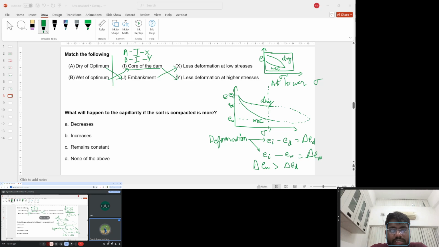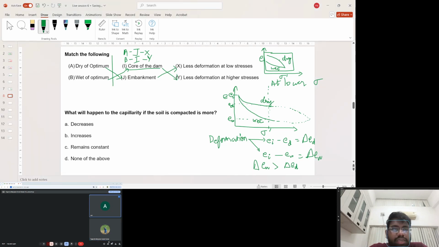You can change the color of the pen and write for the second case. So you are able to see the graph for higher stresses, right? The top graph, this one. This is the graph for higher stresses.